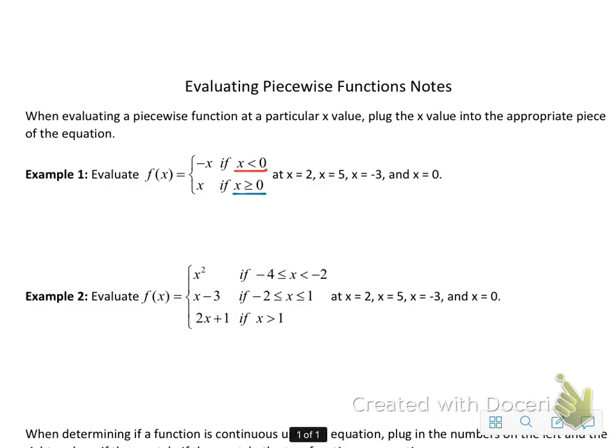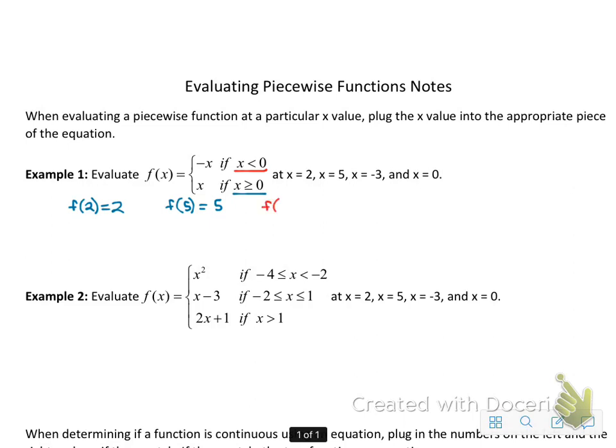Well, 2 is greater than or equal to 0, so we will use the bottom equation. Alright, and it's just x, so it's just 2. For 5, we are still going to use the bottom equation because 5 is greater than or equal to 0. So f of 5 is just 5, right, because you're plugging it in for x. -3 is less than 0, so we'll use the top equation.